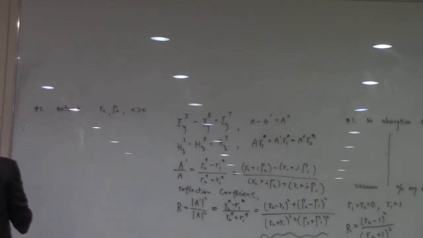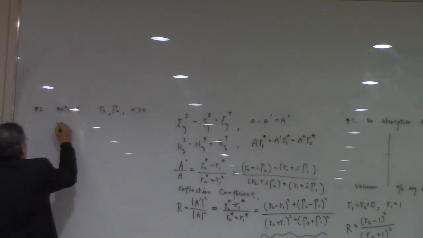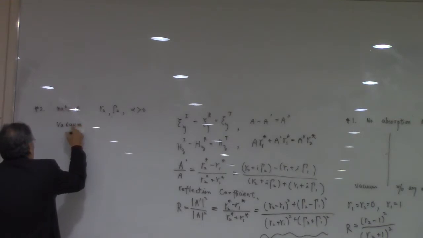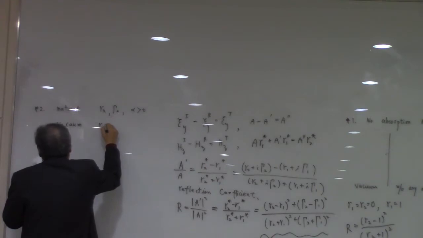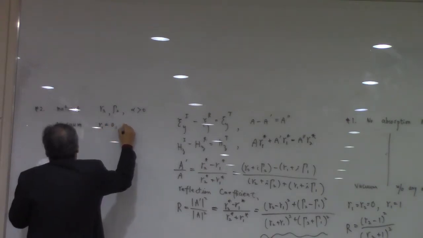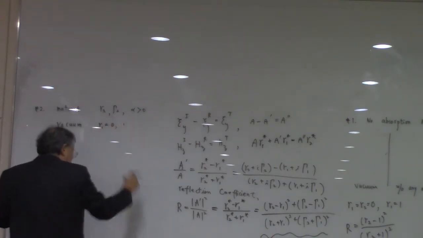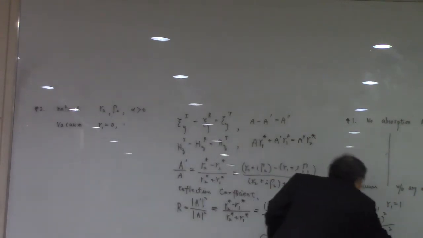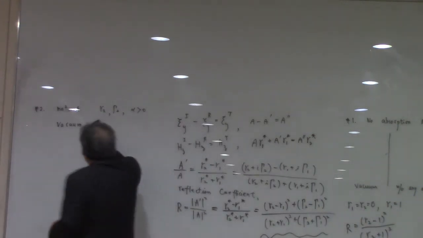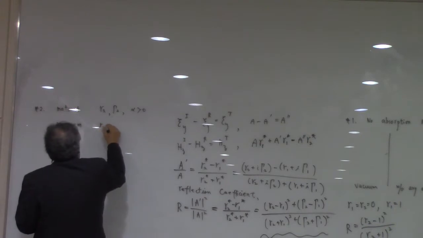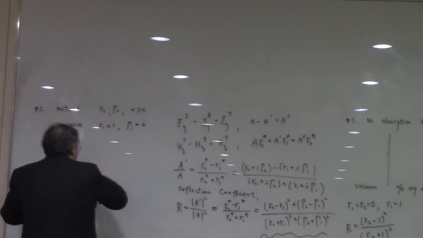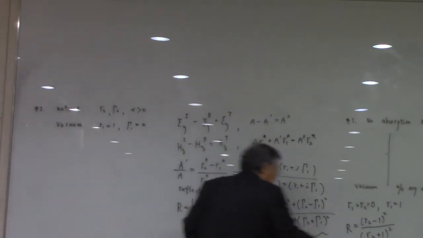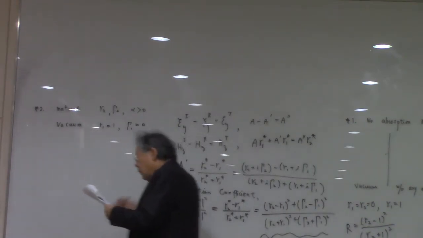In this case, in a vacuum, R1 is equal to 1, but gamma 1 is equal to 0, right?